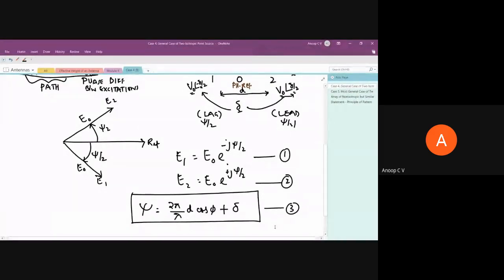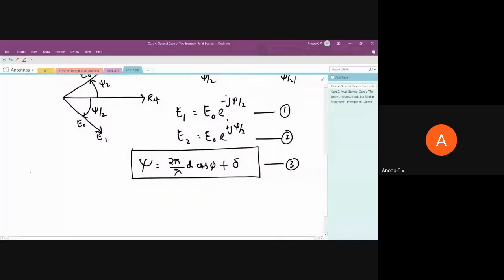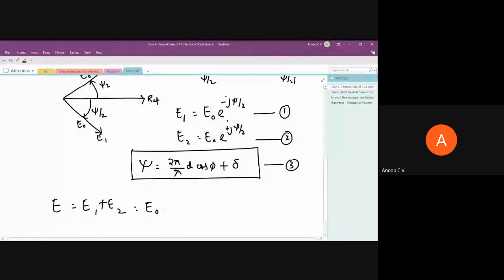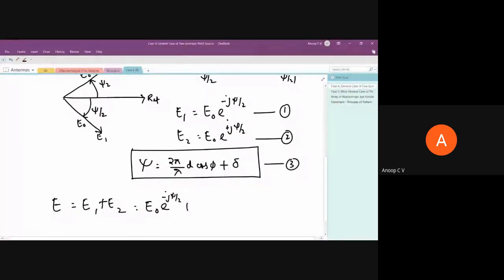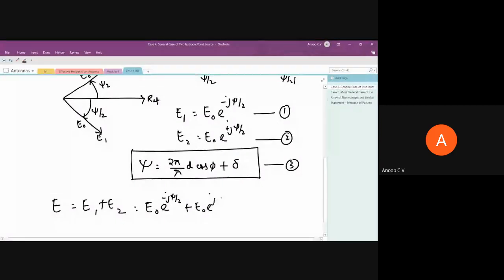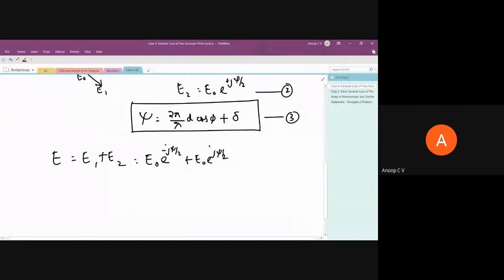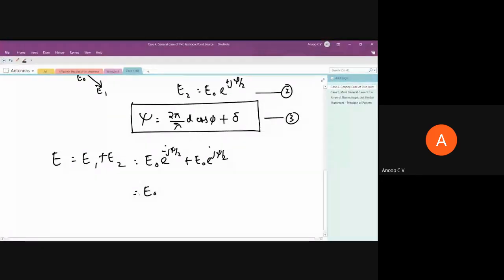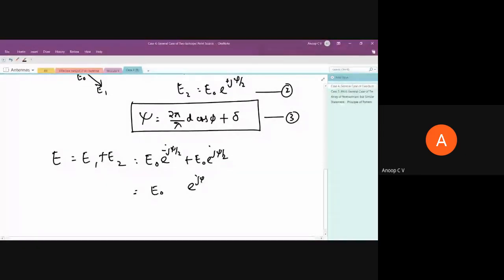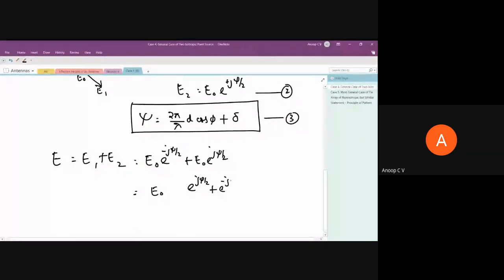So now I can write the resultant field. The resultant field E will be equal to, exactly the same as what we have done, E1 plus E2, that is E naught e power minus j psi by 2 plus E naught e power j psi by 2. Again, I can take E naught common, so it will be E naught times e power j psi by 2 plus e power minus j psi by 2.